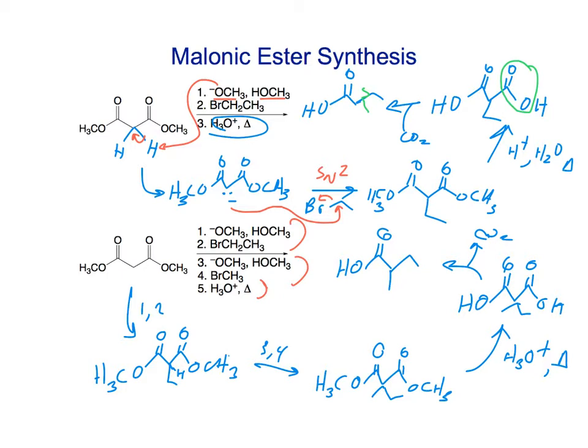All right, so let's look at what we've accomplished here. Again, we've lost this CO2, so we can't even see in the product that it was ever there. So if we start with a malonic ester, the same one in both cases, then the part that we're going to end up with in our product is essentially this part right here.